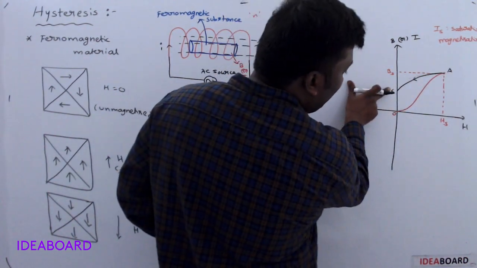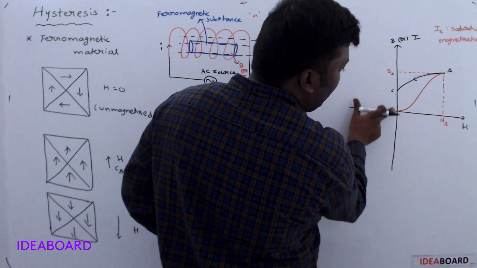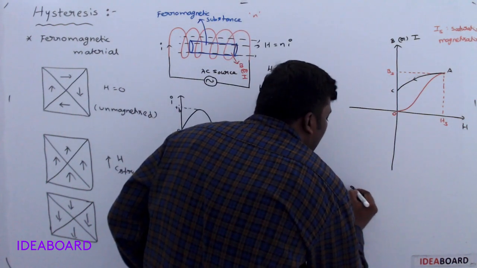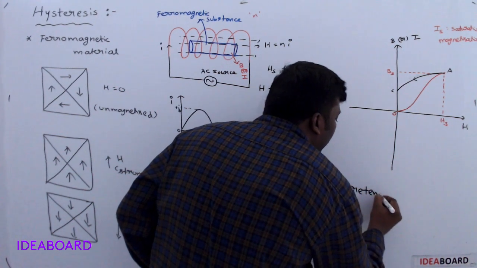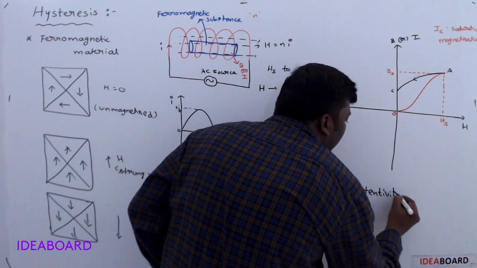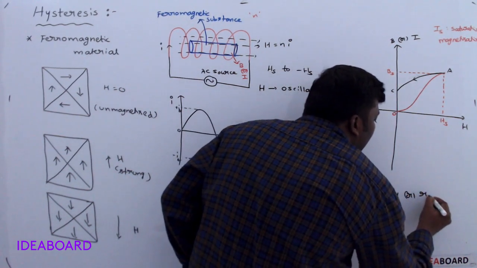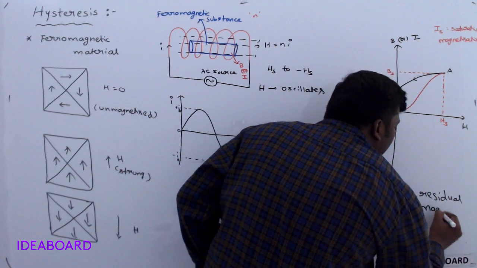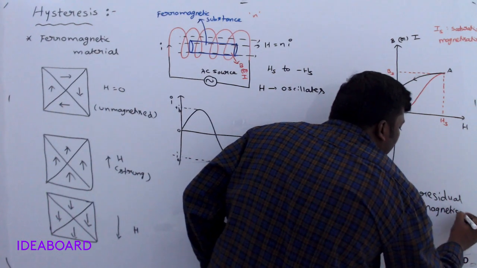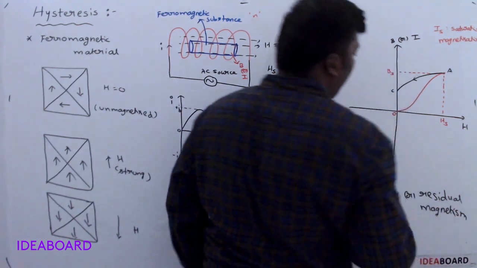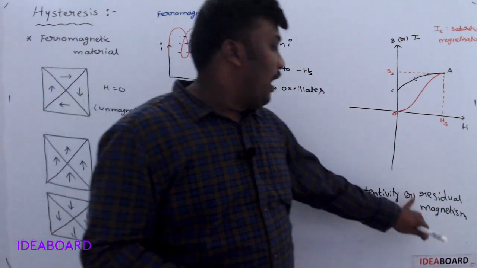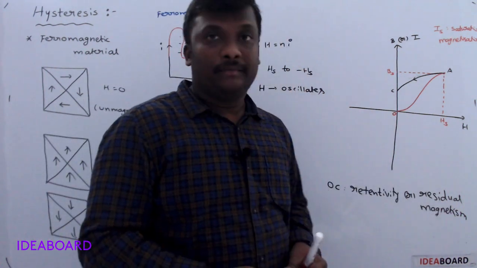See here, OC, which indicates retentivity or residual magnetism. What is OC? OC indicates retentivity or residual magnetism.